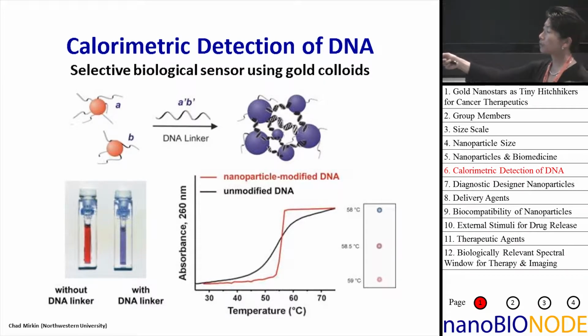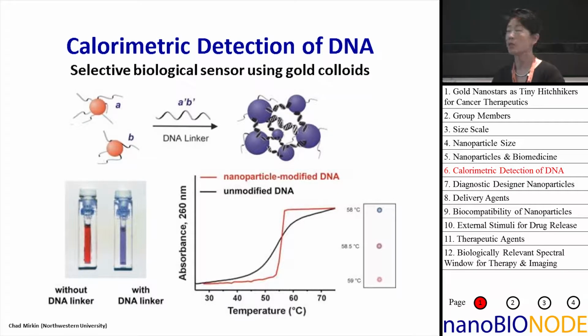His idea is, if I have gold colloids and I put single-stranded DNA on them, and put them in a lightly salted solution, they stay isolated, so the color that you have is just red. But then if I design my DNA linker so half of the strand is complementary to one particle's DNA, and half is complementary to the other's, as soon as they bind to form a double-stranded DNA, the faraway particles are brought close together.